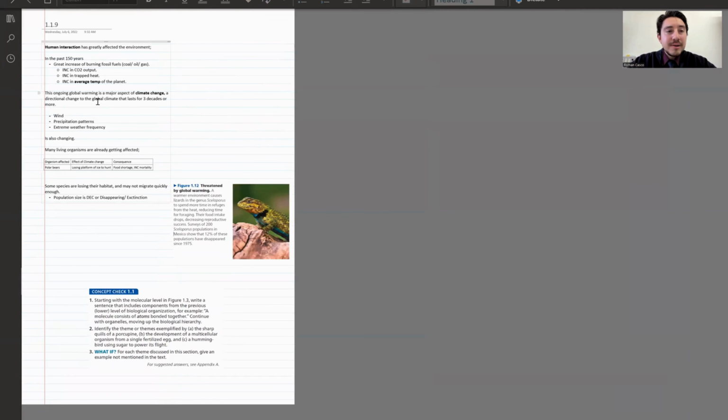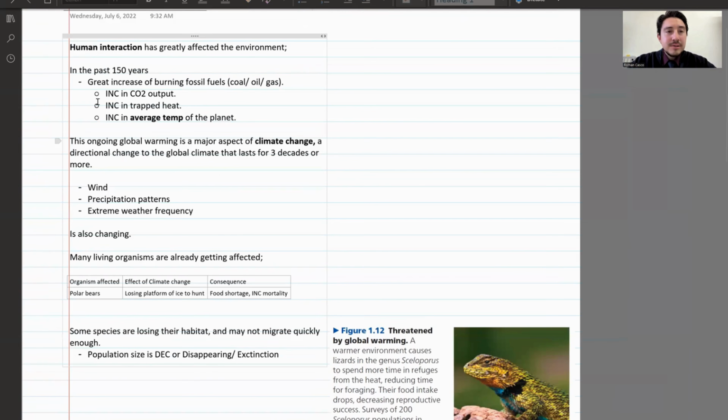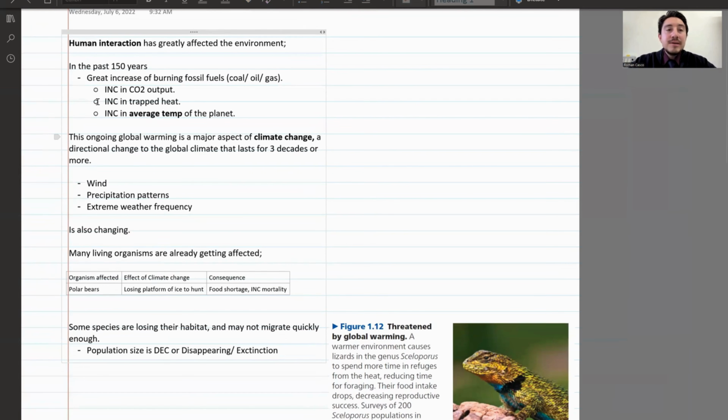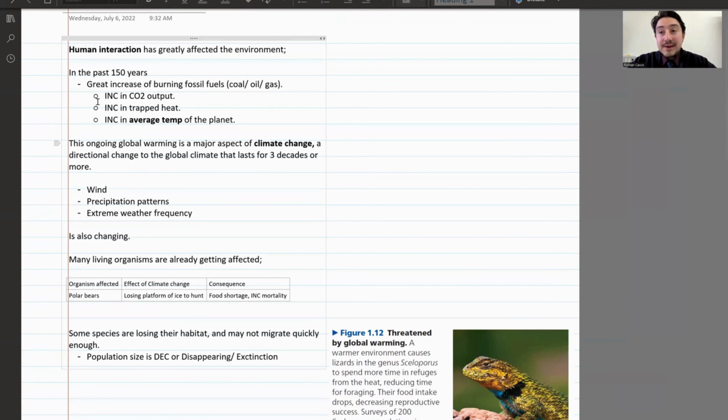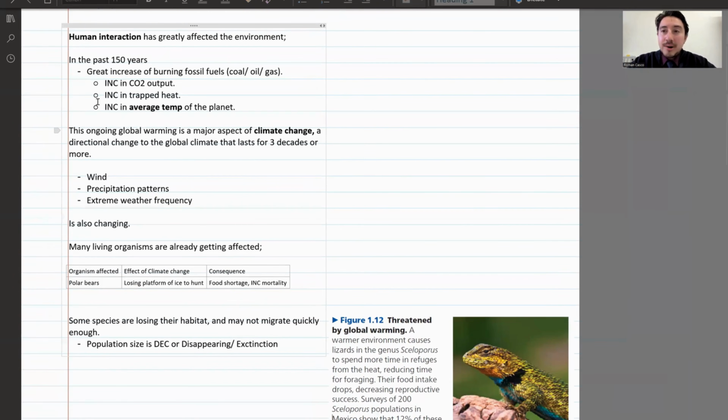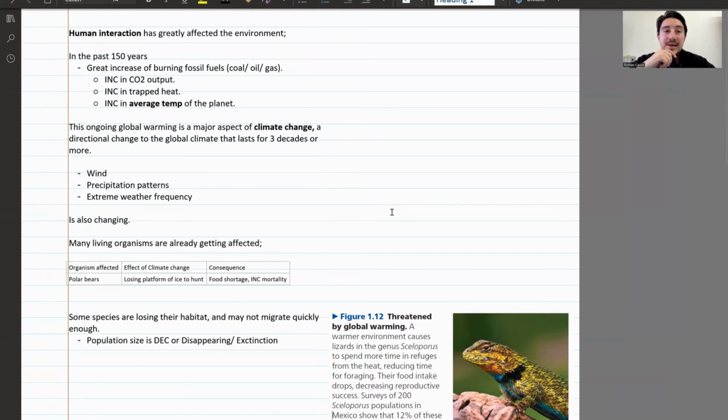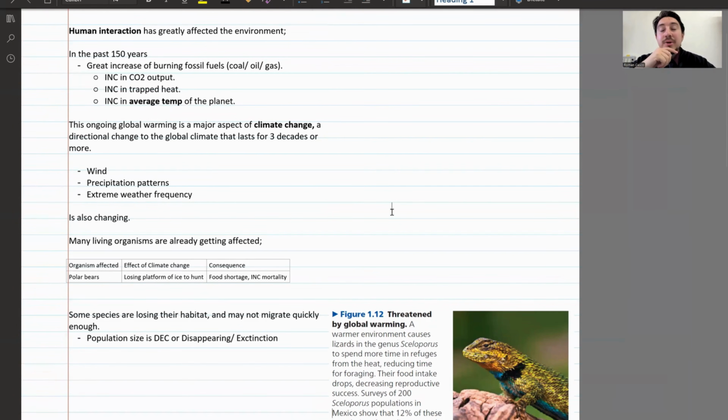So the last part that I want to talk about for concept number one: human interaction has greatly affected the environment, and this is a big problem. There's a whole unit based on human impact. In the past 150 years, there's been a great increase in the burning of fossil fuels.